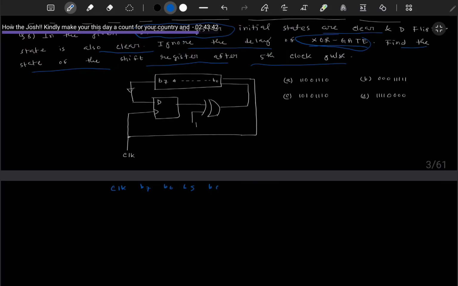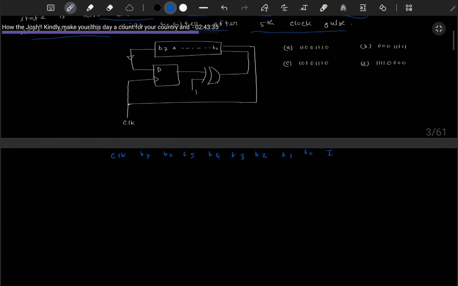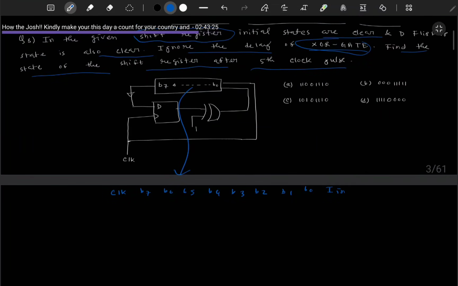B6, B5, B4, B3, B2, B1, B0. Here you can see this. Here the input is every time, as one input of the XOR is 1, so we'll get the complemented output here.